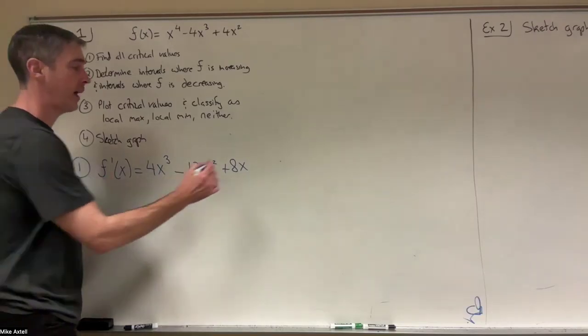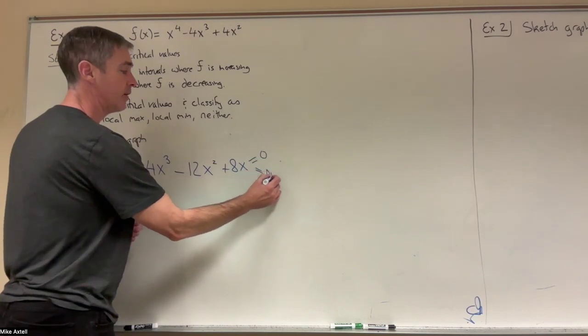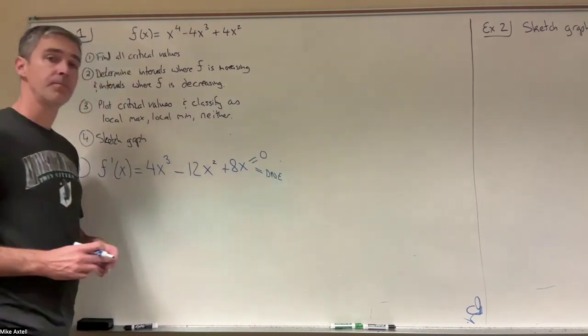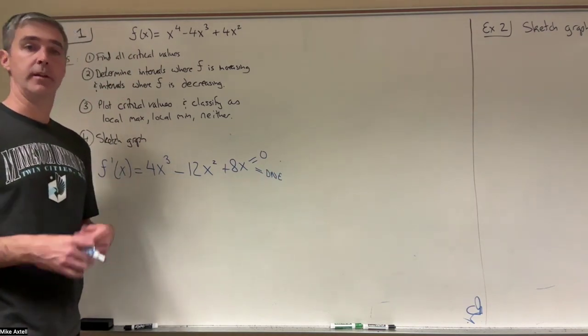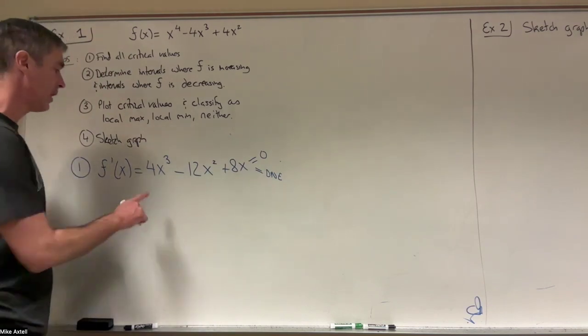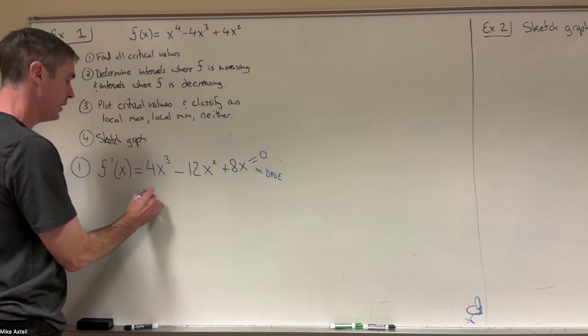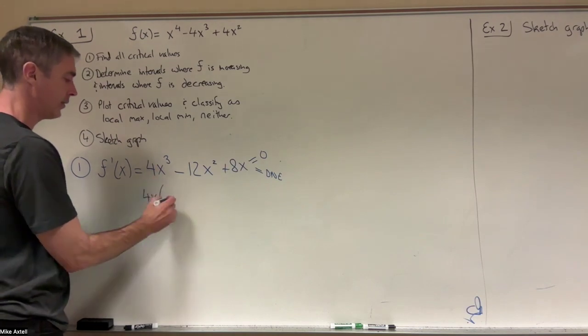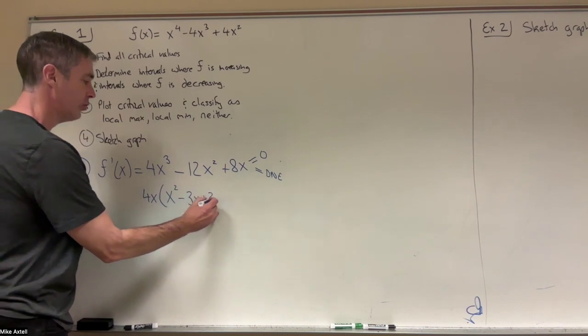And I'm going to ask 2 questions. Where does this equal 0? And where is this not defined? Okay? All right, well, let me first simplify it a little bit, and then I'll try and solve those 2 things. So I noticed that everybody has an x in common and a 4. So I could factor out a 4x, and that would leave me with an x squared minus 3x plus 2.